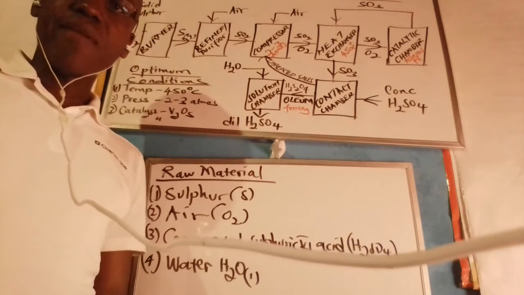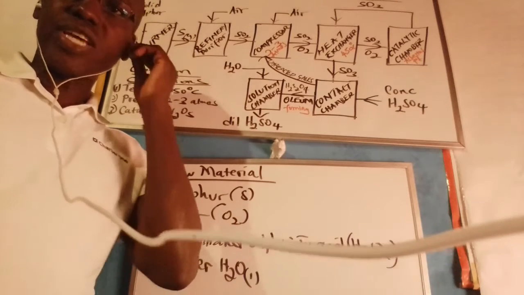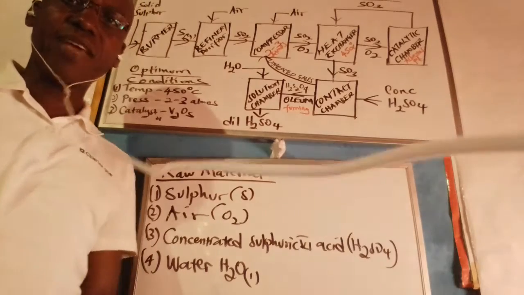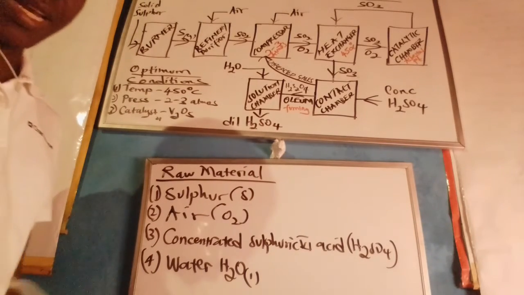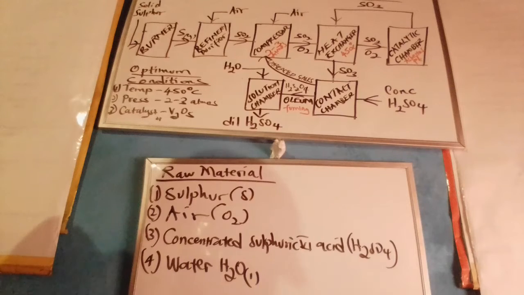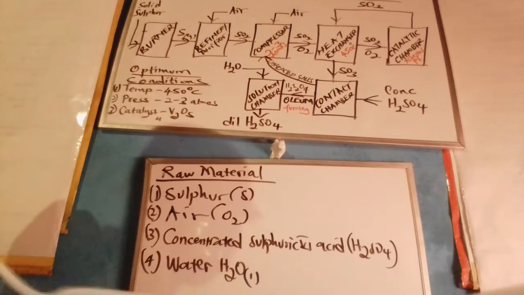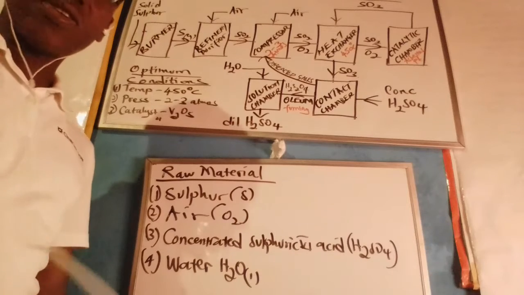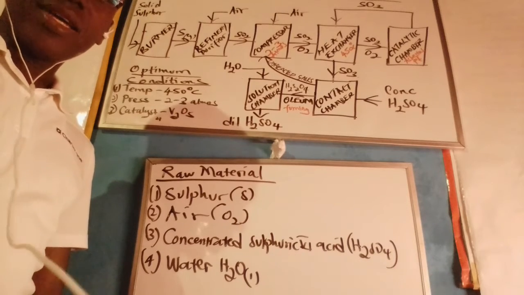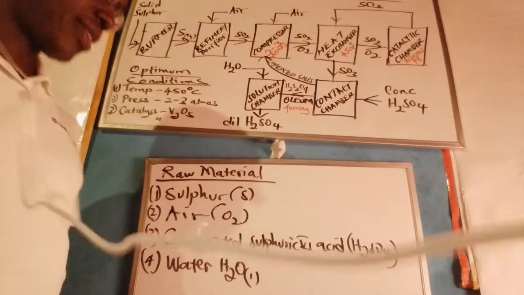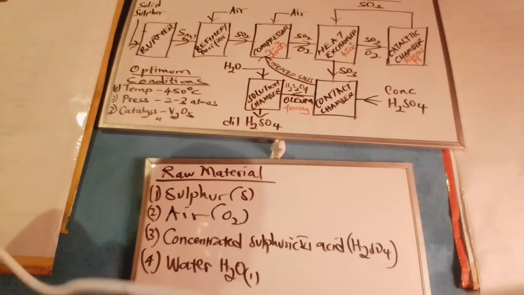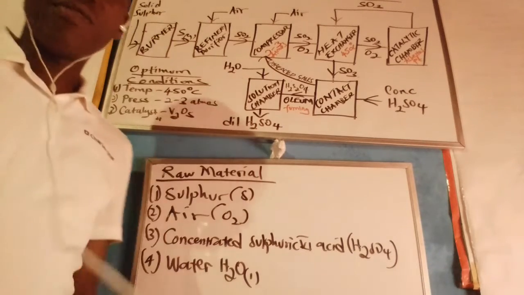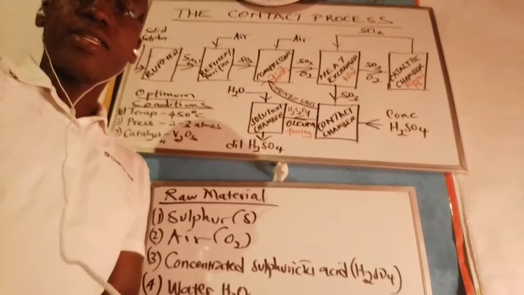They have to be produced by burning sulfur either in limited supply of oxygen, where it forms sulfur dioxide, or in excess oxygen, where it forms sulfur trioxide. 2, the air is for the purpose of oxidizing the sulfur. 3, concentrated sulfuric acid is used in the contact chamber to transform sulfur trioxide gas into oleum. And 4, the water is used in the solution chamber to dissolve the oleum to form the required sulfuric acid.